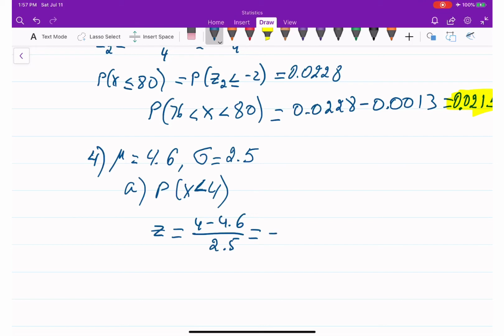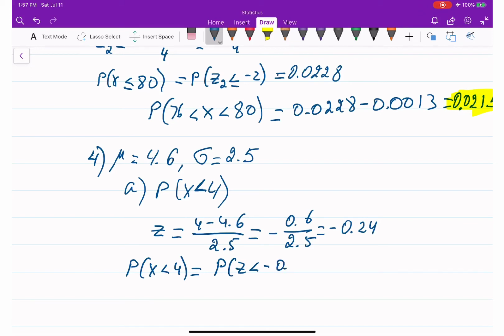We are getting negative 0.6, and we divide by 2.5. If we take 0.6 divided by 2.5, it's going to give us negative 0.24. Which means the probability of x less than 4 is equal to the probability of z-score less than negative 0.24.